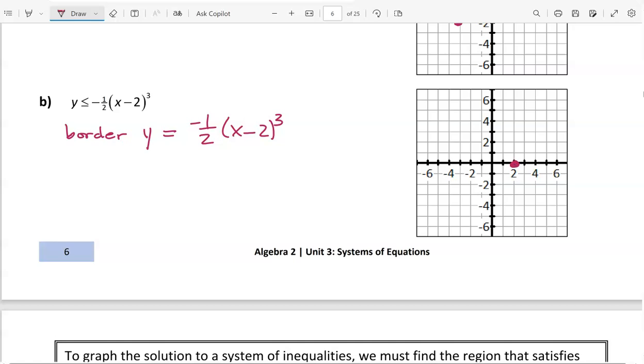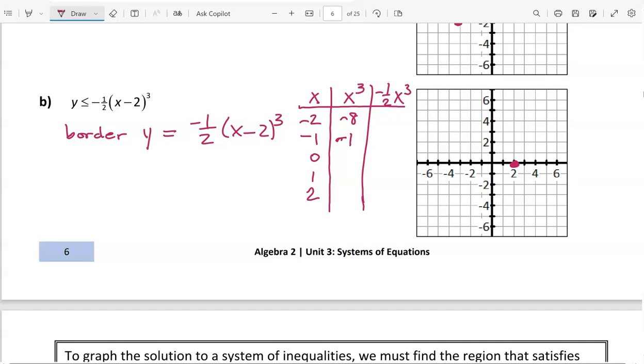And then if you wanted to use a modified table of values for this parent function, you certainly may. x cubed, and -1/2 x cubed once you take all of the addition and subtraction out of it. So for the x values, we'll use -2, -1, 0, 1, and 2, cube them, and then take -1/2 times each of those values. And then graph those points relative to the new origin.